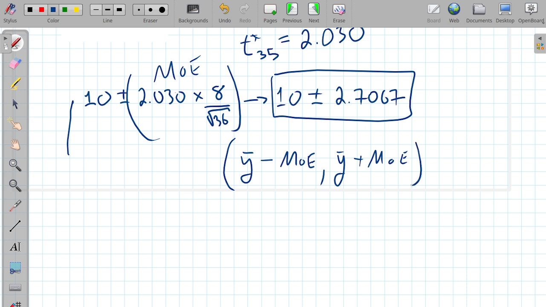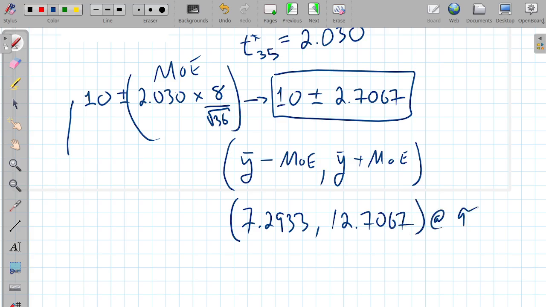So 10 minus 2.7067 gives us a lower bound of 7.2933 and an upper bound of 12.7067 at 95% confidence. There we go.